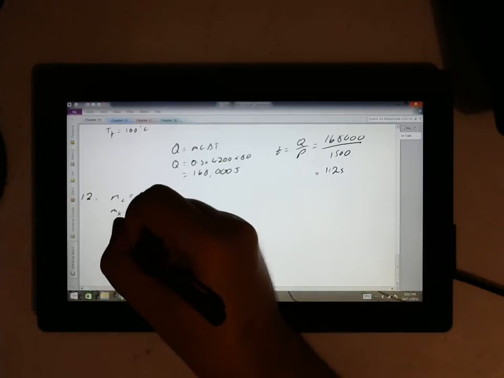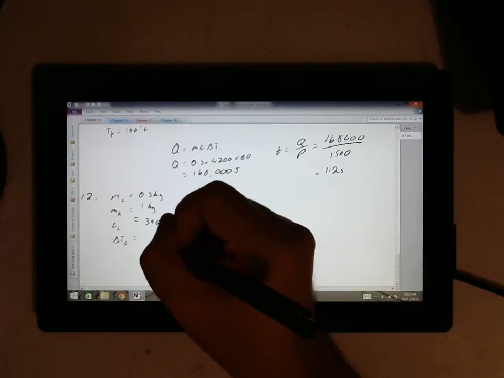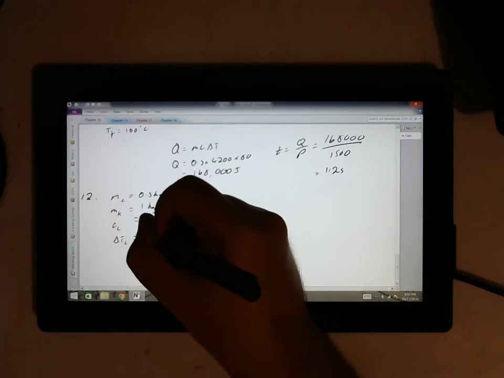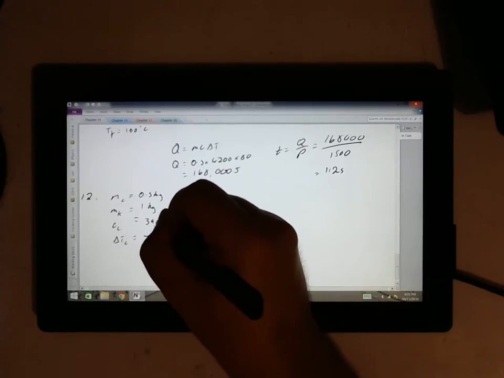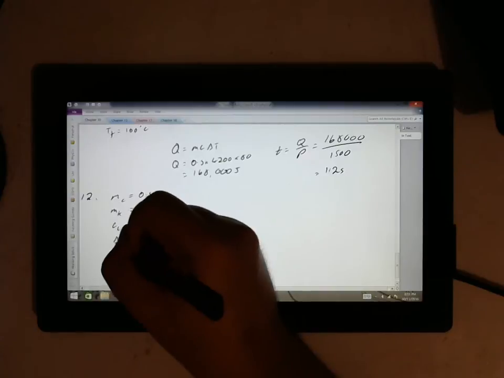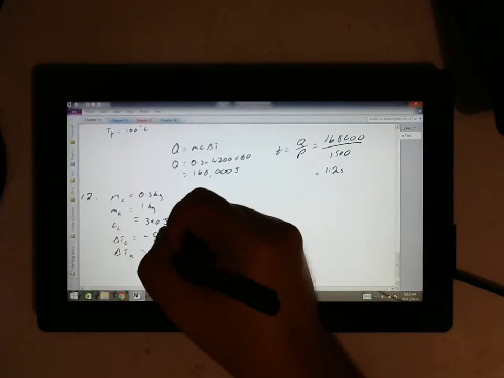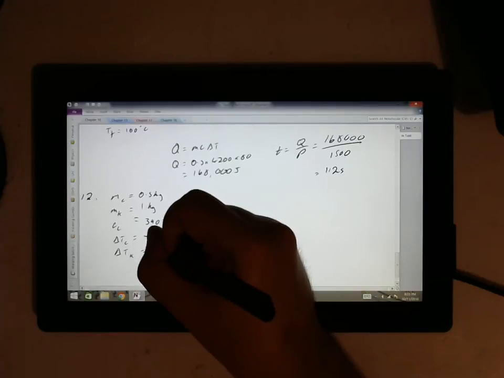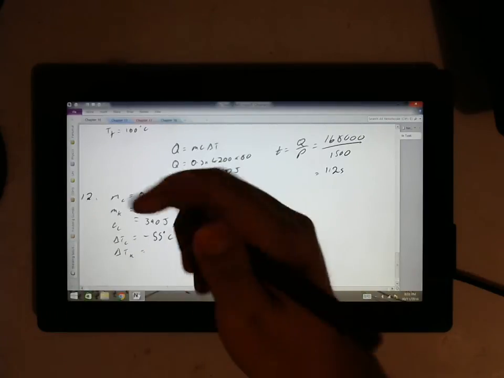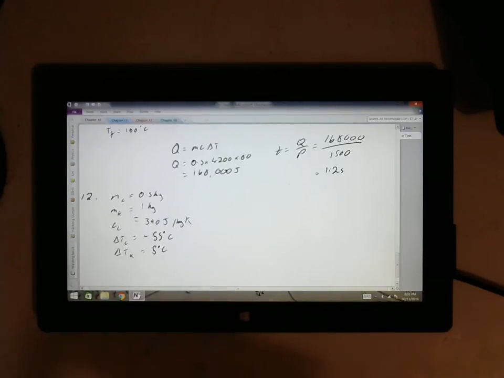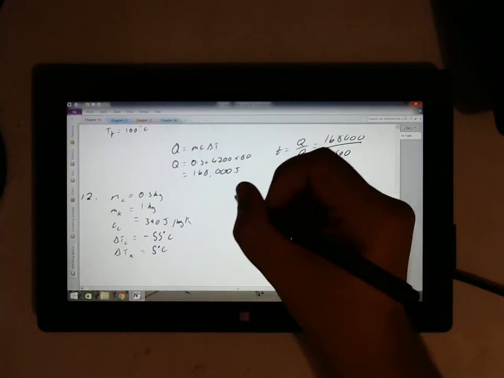The change in temperature of copper will be, well, it started off at 80, went down to 25, so that's going to be negative 55 degrees Celsius. And the change in temperature of the kero went from 20 to 25, so that's 5 degrees Celsius. And we can see we've got everything we need there, so let's substitute.